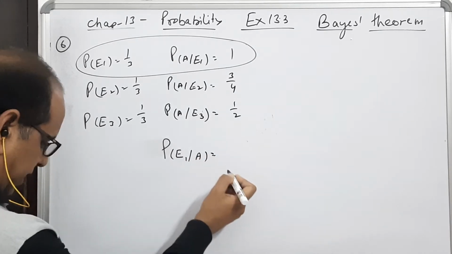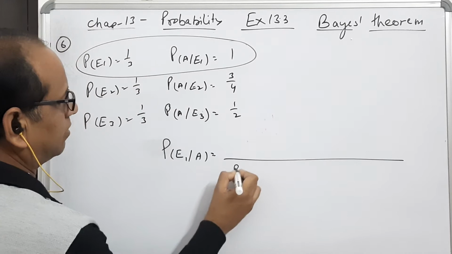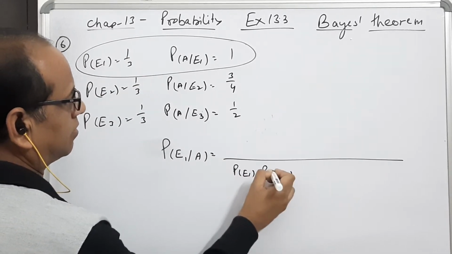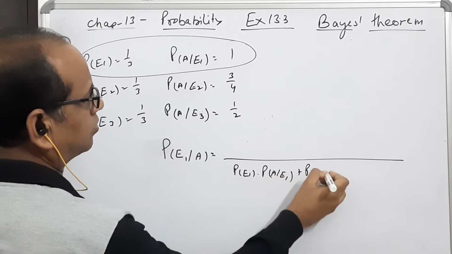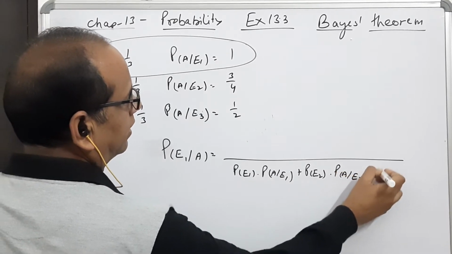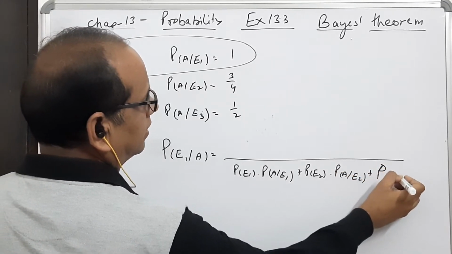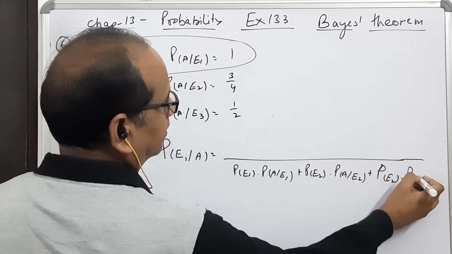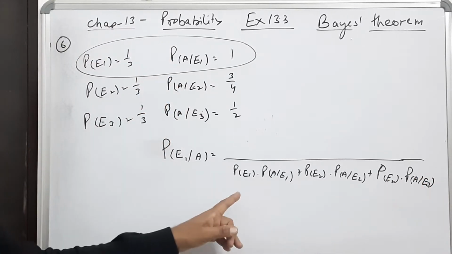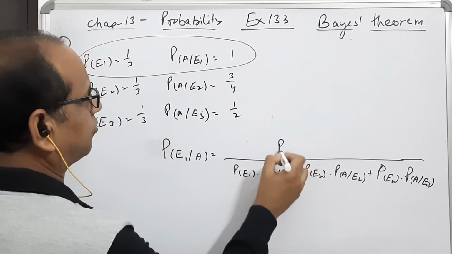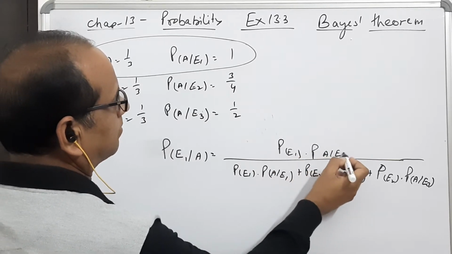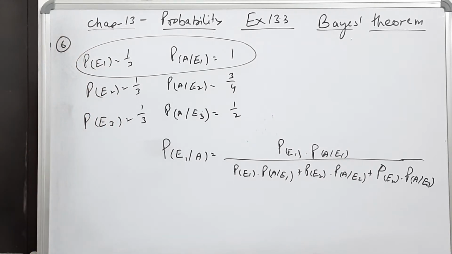So the formula of Bayes theorem is, please see this now, P(E1) dot P(A|E1) plus P(E2) dot P(A|E2) and P(E3) dot P(A|E3). This is the total probability of getting the head. In that, we have to find out for the first one. So the first part we will write at the top. This is the basic principle of the Bayes theorem.